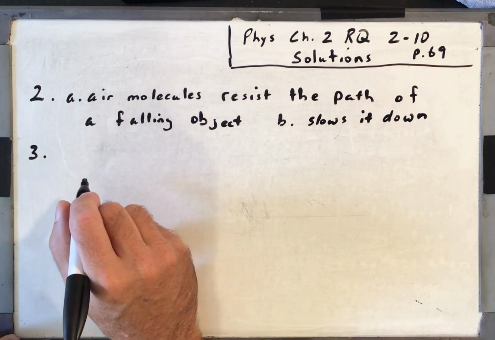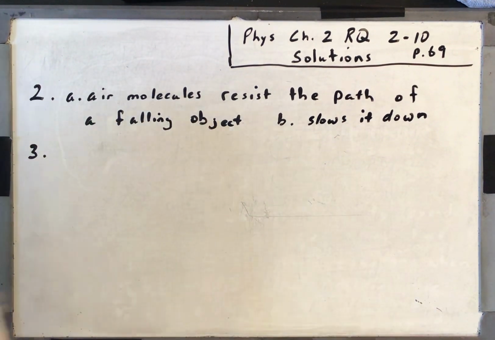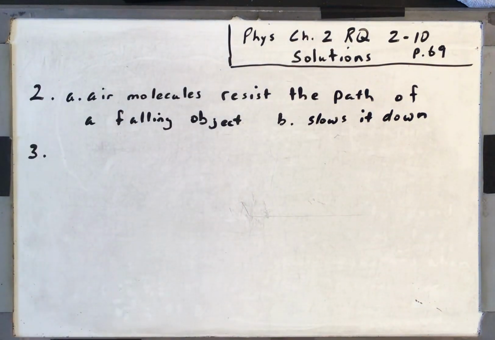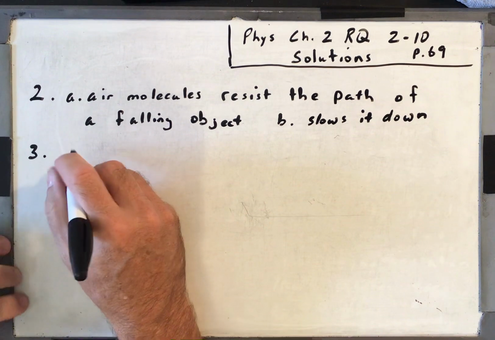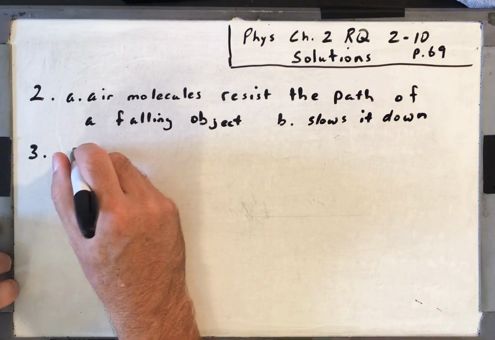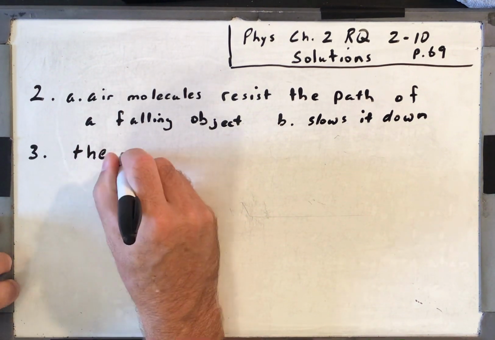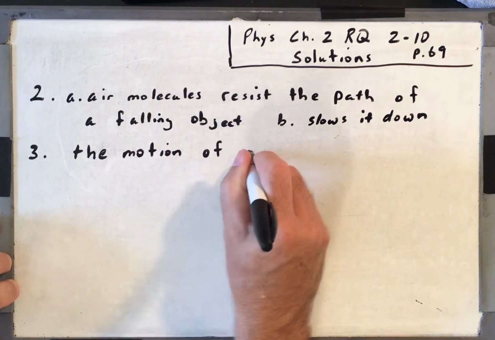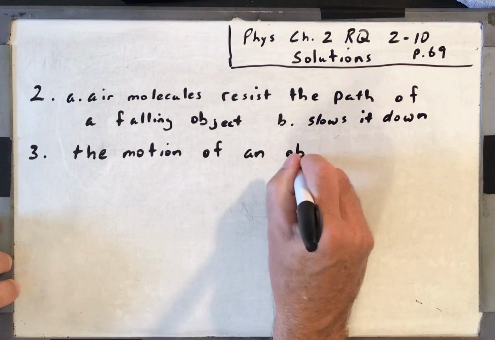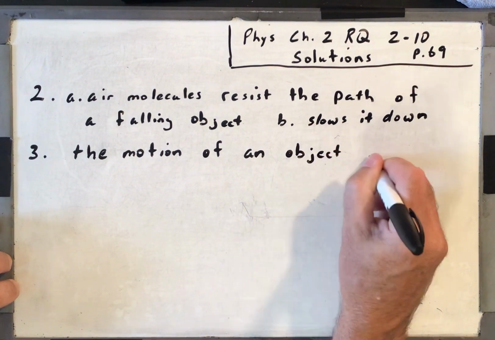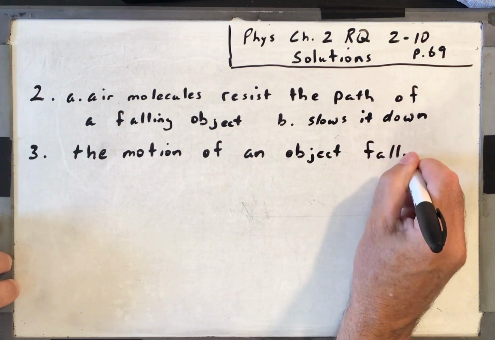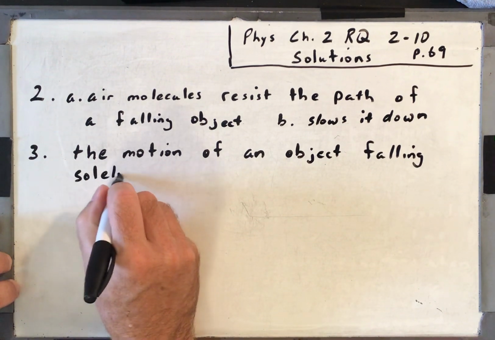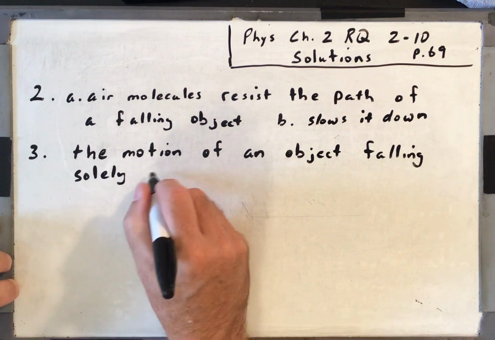All right, number 3 says, what is the definition of free fall? All right, well, free fall is the motion of an object falling solely under the influence of gravity.